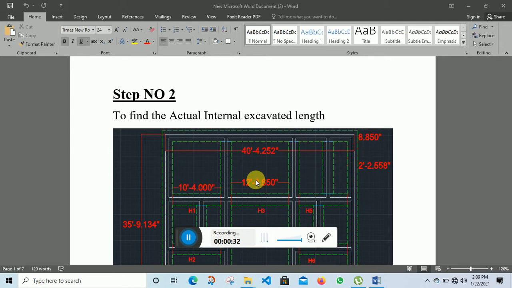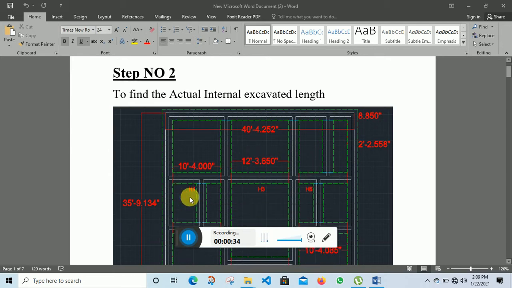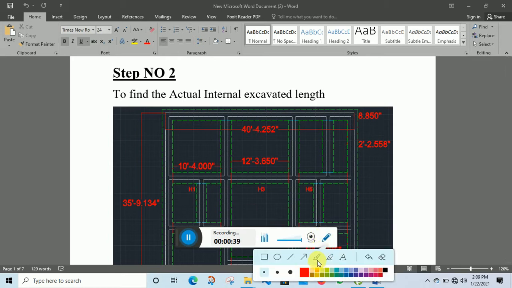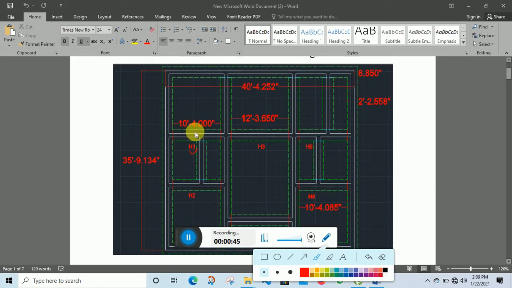Look here, this is h1, meaning horizontal length. Horizontal means from here to here. This is also h1, this is h1, and h1 and h2 have the same dimensions.